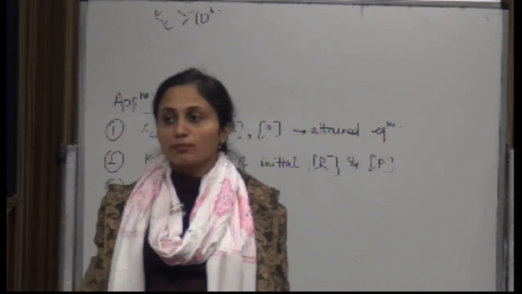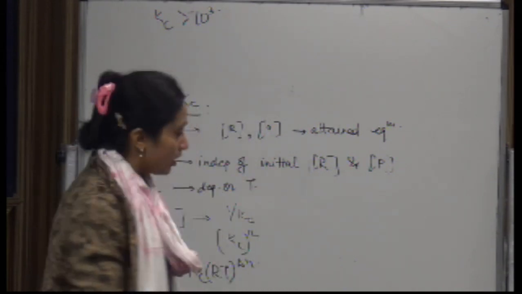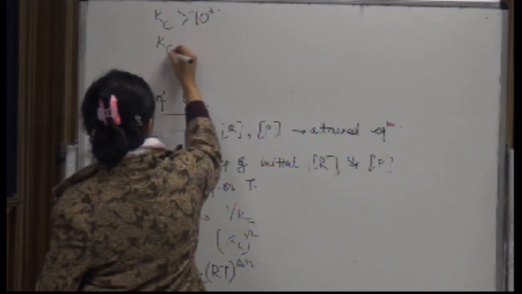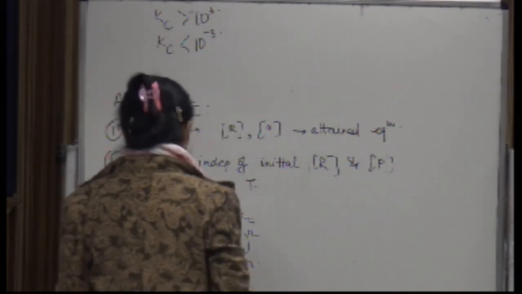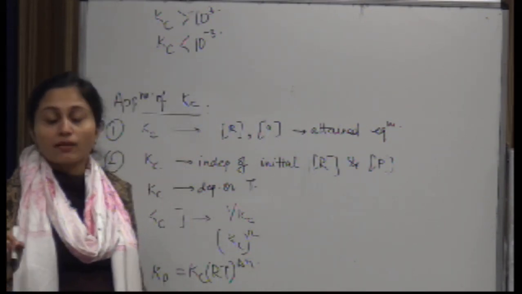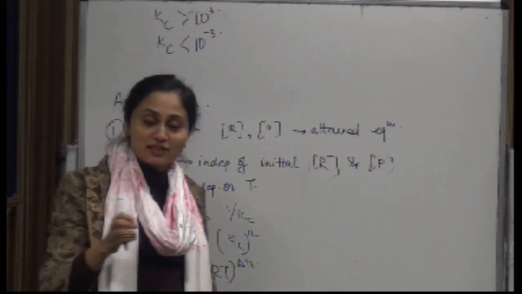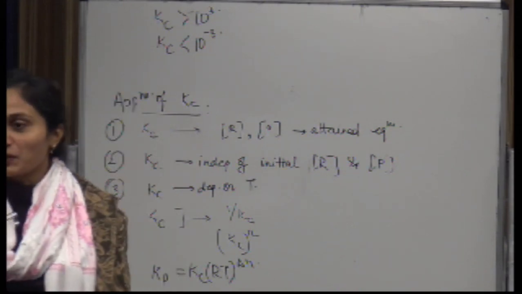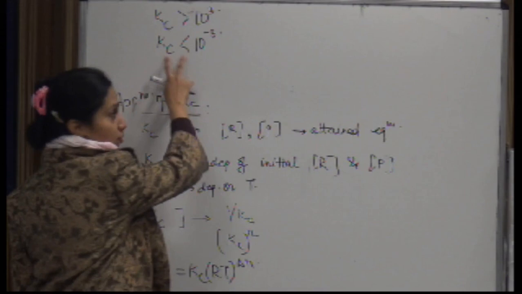And completion means that your equilibrium state has not actually properly been attained. Or when your Kc is less than 10 to the power minus 3, the reaction rarely proceeds. What will it mean?